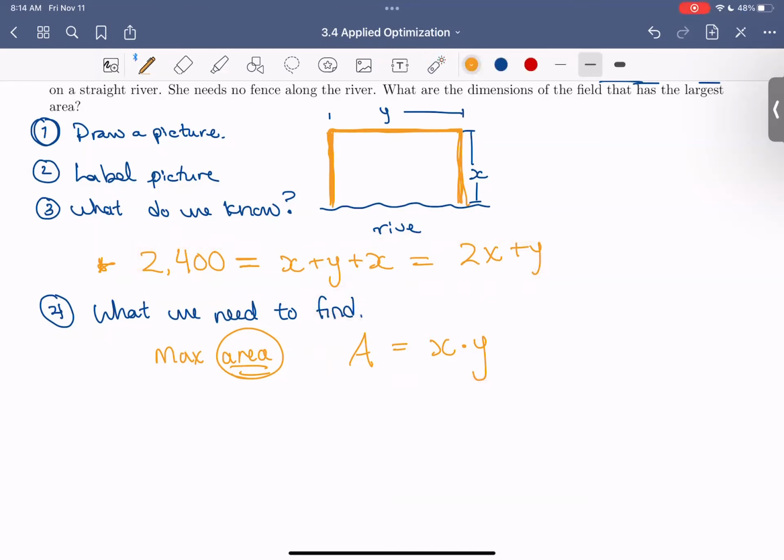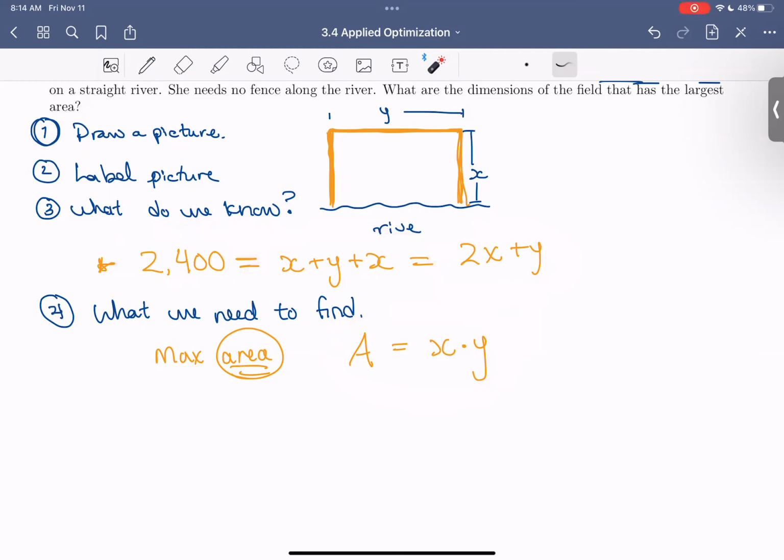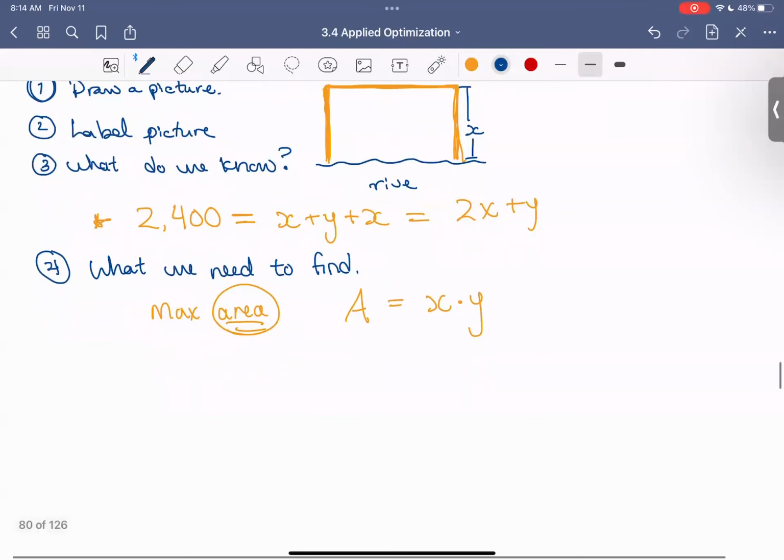Now what we need to do is use what is given to try to find the solution, which is the optimal area. To do that, I'll just continue writing steps here. We need to use the given to find max area.